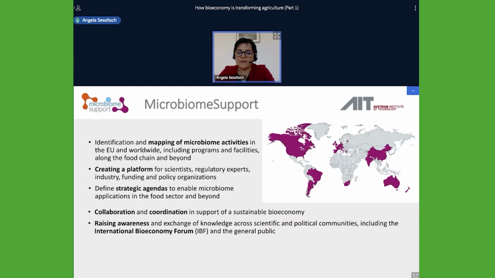So in this coordination and support action, we are 29 partners from the EU, but also international partners, including, for instance, China, India, Australia, New Zealand, South Africa, Argentina, Brazil, Canada, and the US.